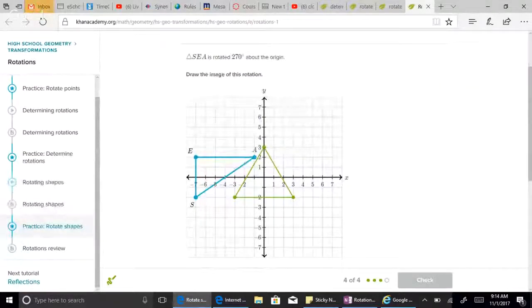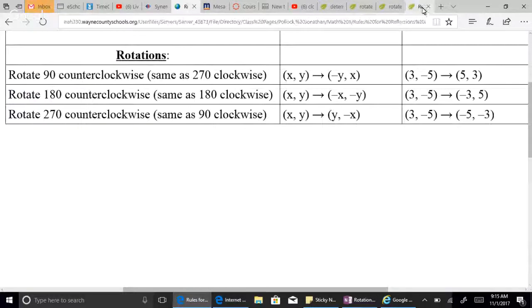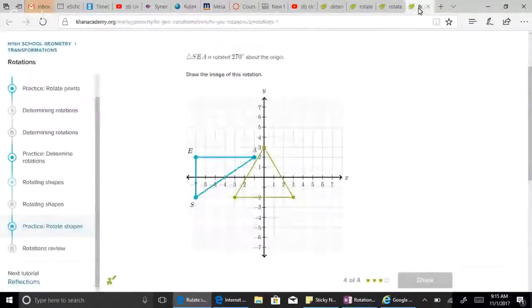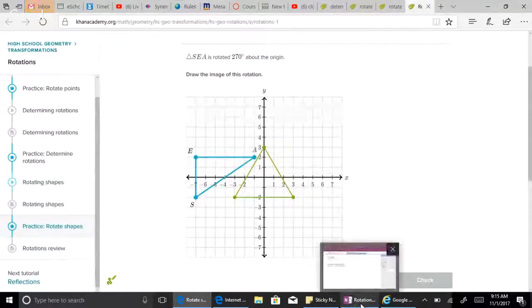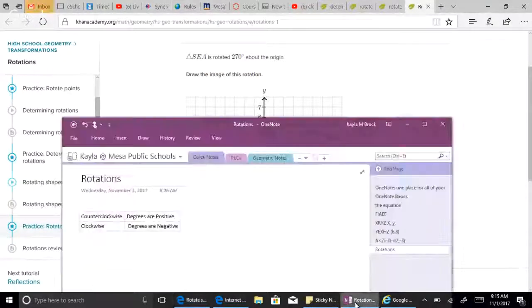First, you have to have your rules written down, your rules for 90 degrees counterclockwise / 270 degrees clockwise. You need to have everything written down that we stated earlier, that this is the time that we're going to use that chart. And then the second step is really to have the self-discipline.